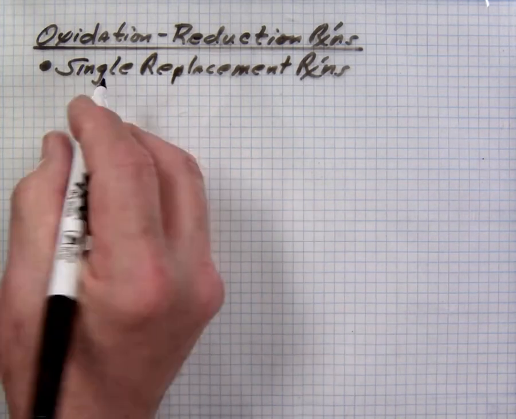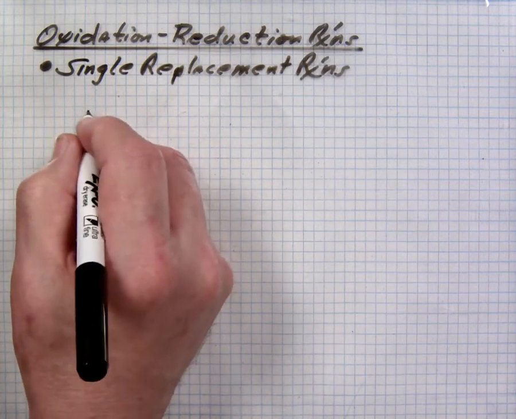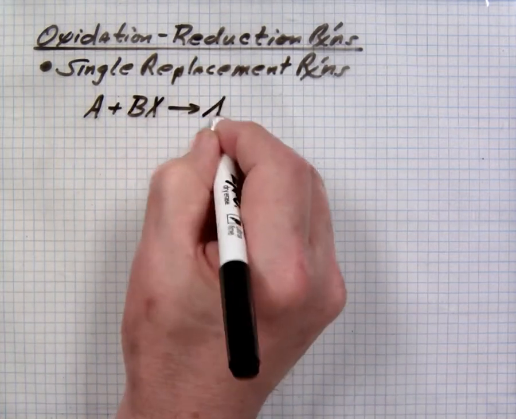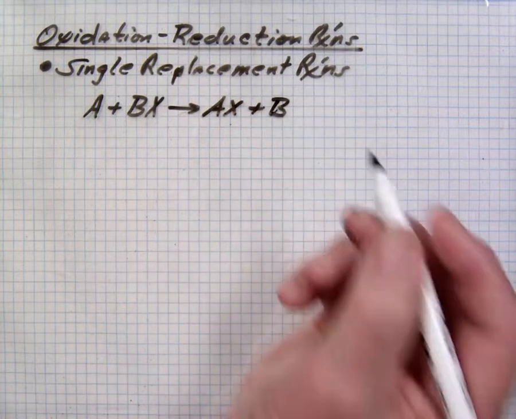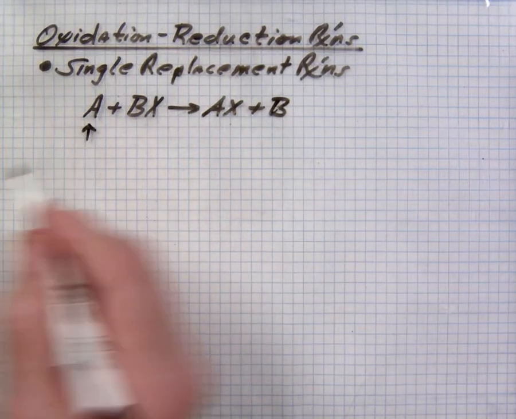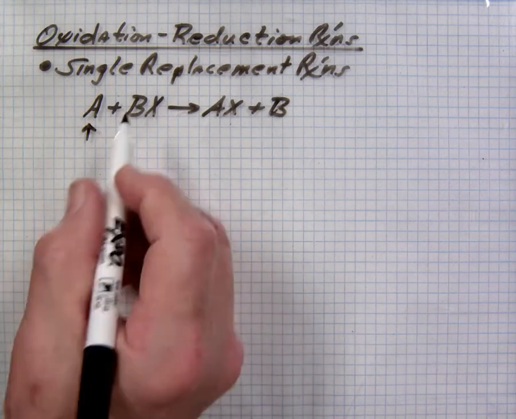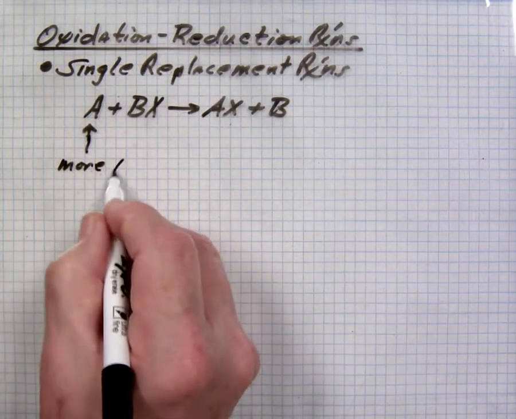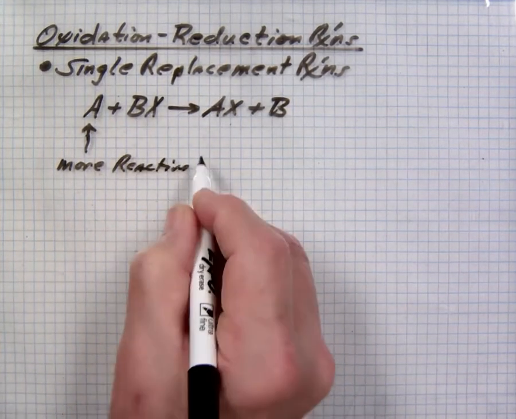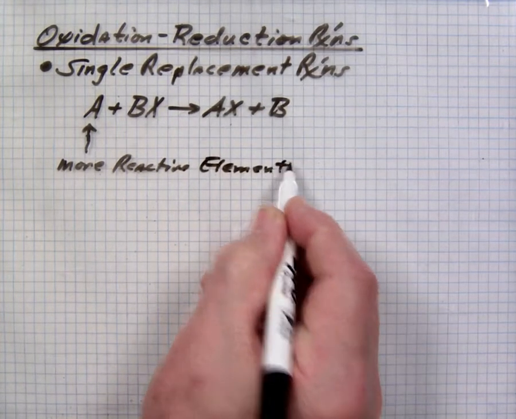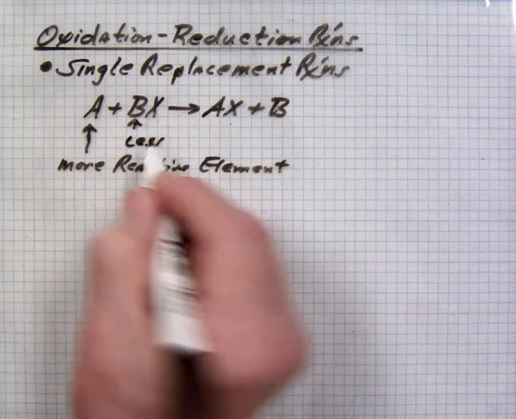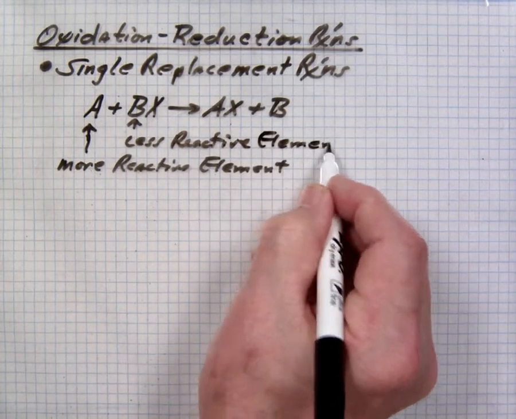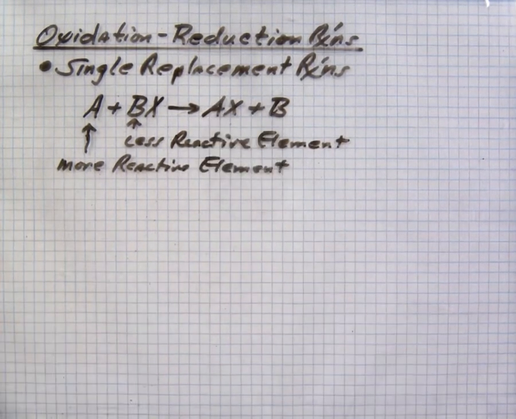Single replacement reactions are defined by an empirical relationship: A plus BX goes to AX plus B. In this, a more reactive or active element will replace a less reactive element and produce AX plus B.